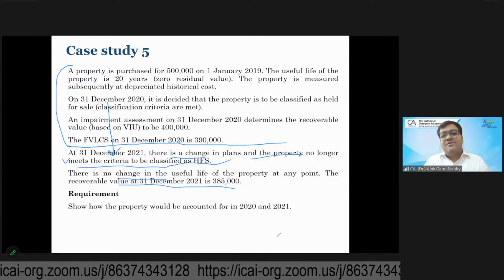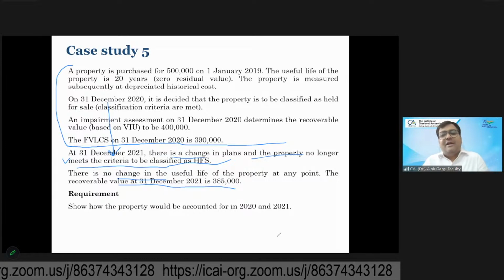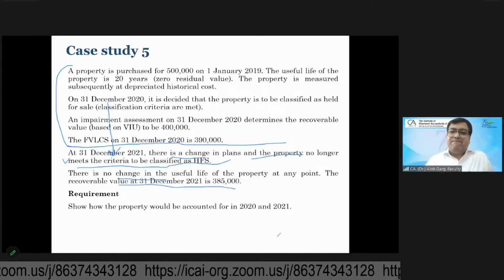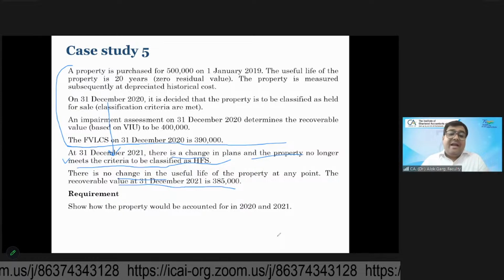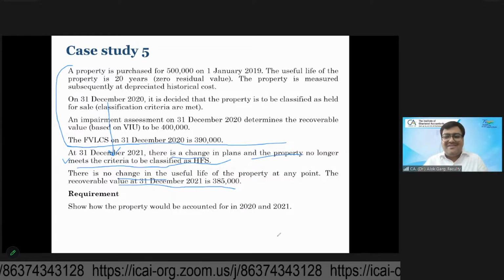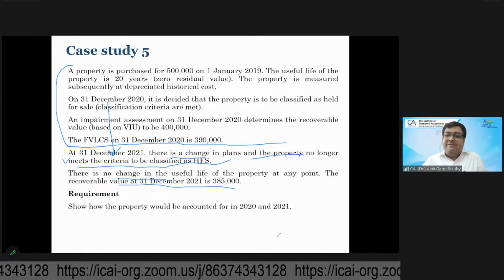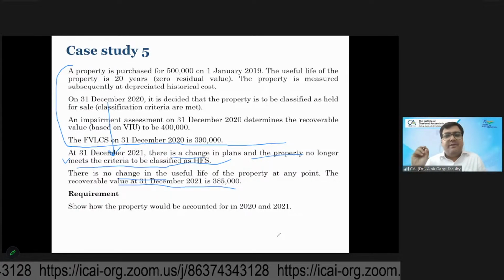So 75,000 rupees is my accumulated depreciation. So he is saying carrying value is 4 lakh 25,000. Is that right? And this is where the students are making an error in the examination. Whenever this kind of question came, 75 to 80% of the students make a mistake.